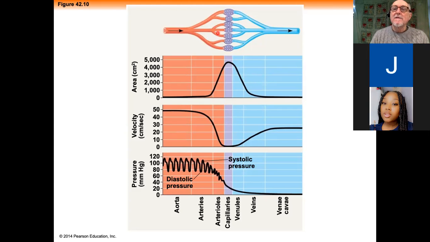As these vessels decrease in diameter to form the capillaries, the velocity of the blood is drastically slowed down. And as a result, the pressure rises. In fact, as the heart beats, we get a little burst of increased pressure all the time.